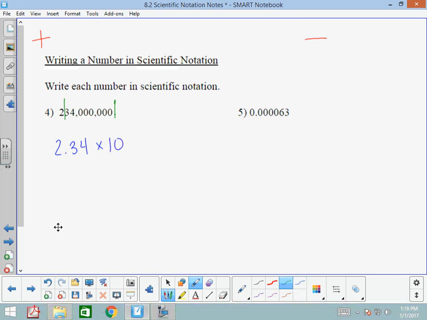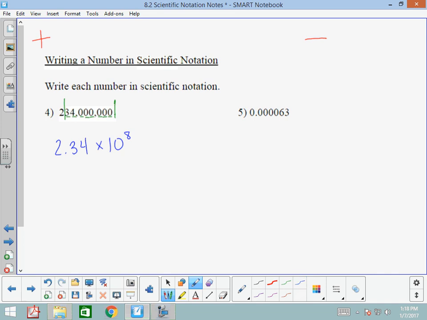Now our exponent is how many digits are between where our decimal was and where our decimal is ending up. So there are 8 digits between where the decimal was and where the decimal is going to be. So it's 8. Now, notice the direction that I moved that decimal.